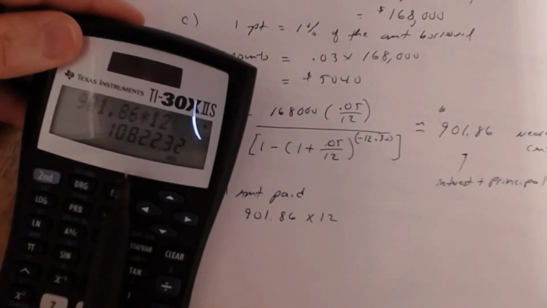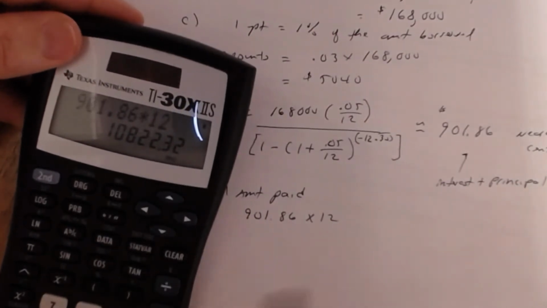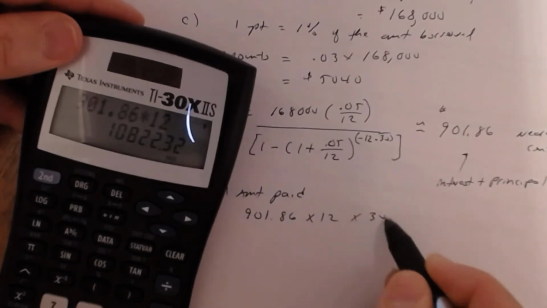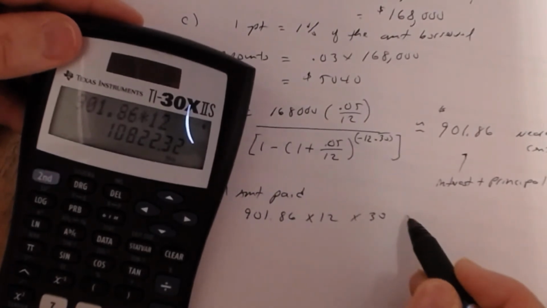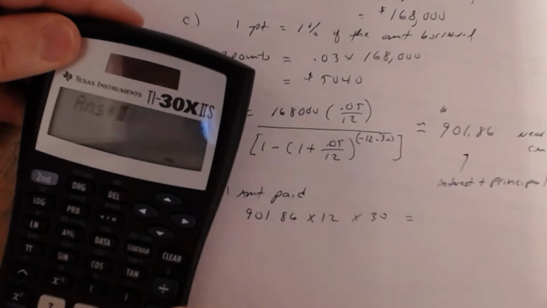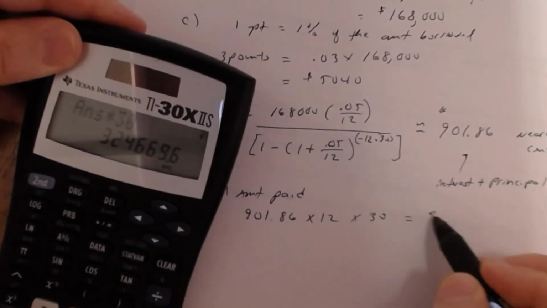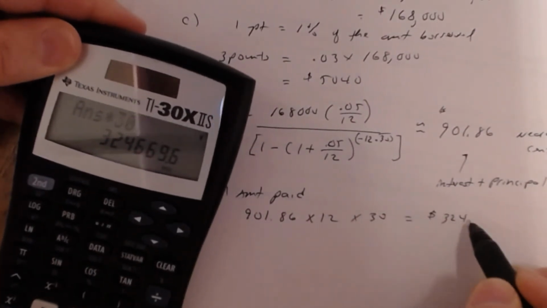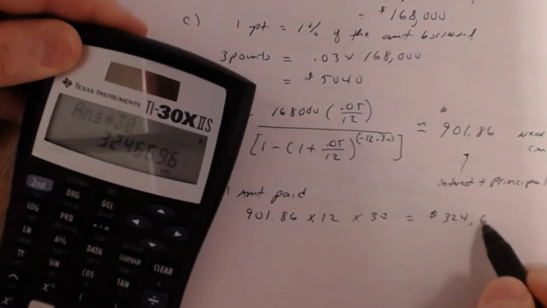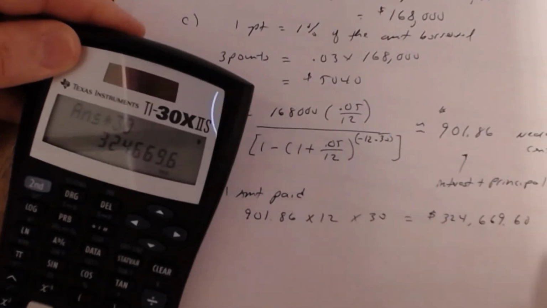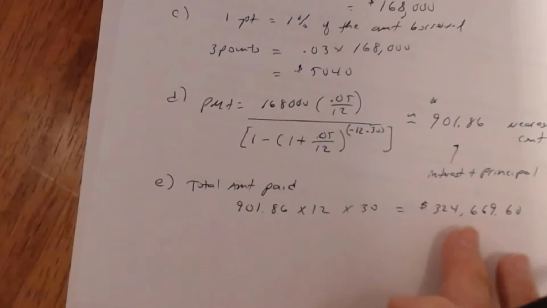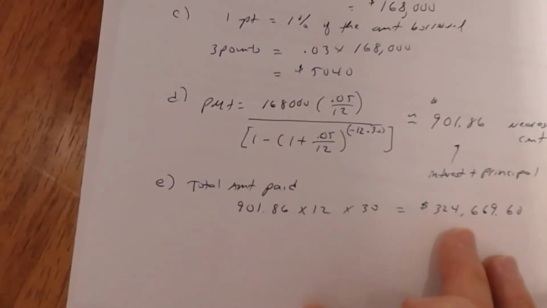See that? $10,822.32. But that's for 30 years. So times 30, and so that's going to equal $324,669.60. So that's how much you pay over a 30-year period.